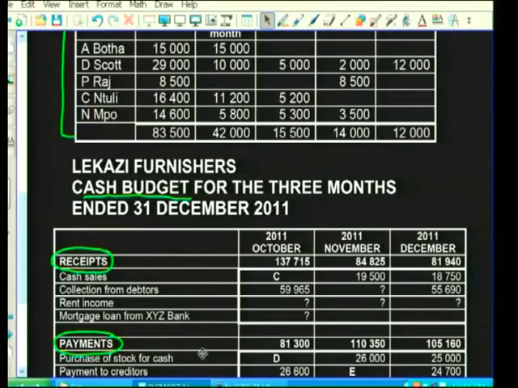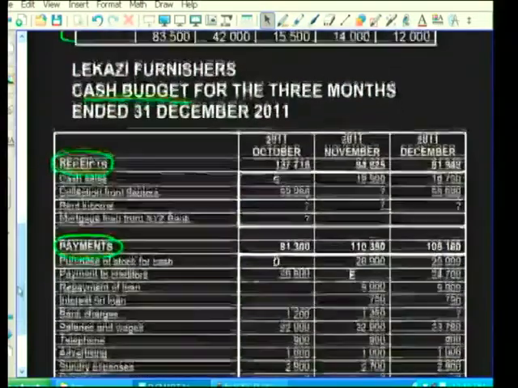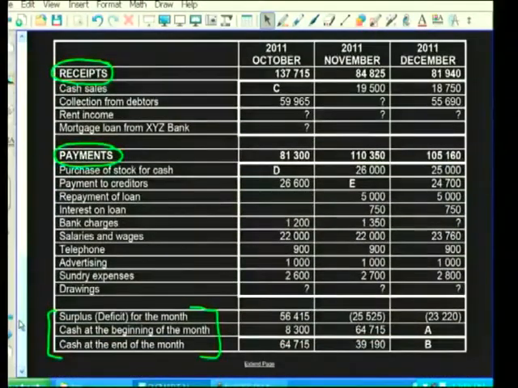Okay, there we go, cash budget, and let's now find the letters that we need to calculate. Now, if we look at A, there's our A down here. Let's get a pen there. Okay, there's A. Now, guys, A is absolutely simple. There's no calculation whatsoever. It's just a figure that we've got to fill in.